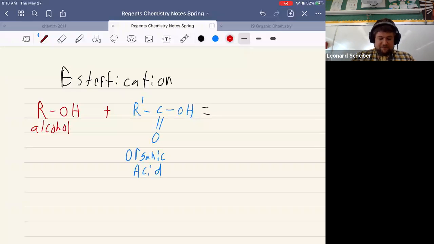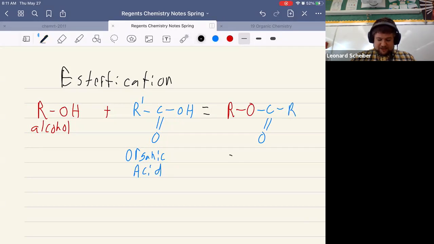You're going to have, and I want you to note where the R is and the R prime is, you're going to have R to O to C bonded O to R prime.